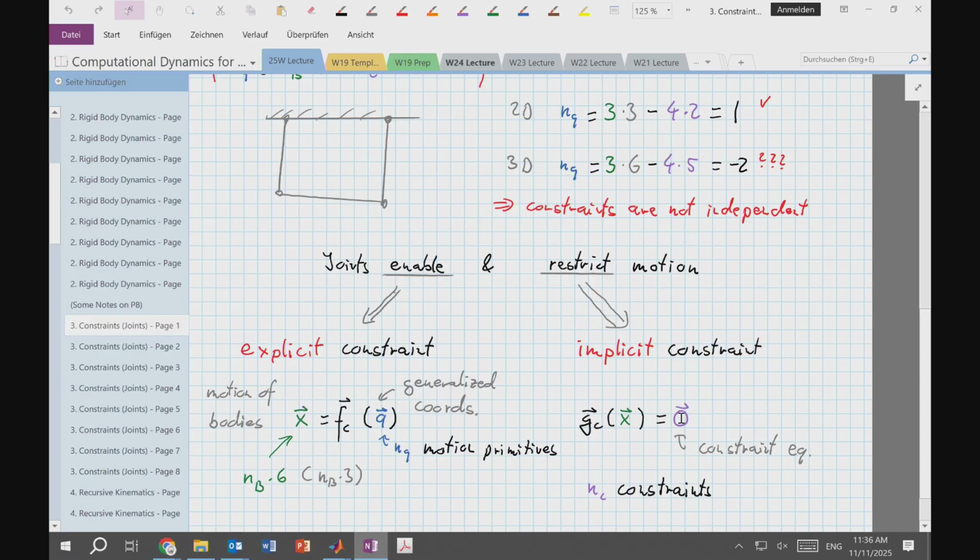And we have implicit constraints, where I basically look at this x, which is the unconstrained motion of these bodies, and I reduce it through additional equations to fewer degrees of freedom by saying that some g of this x has to be equal to 0.